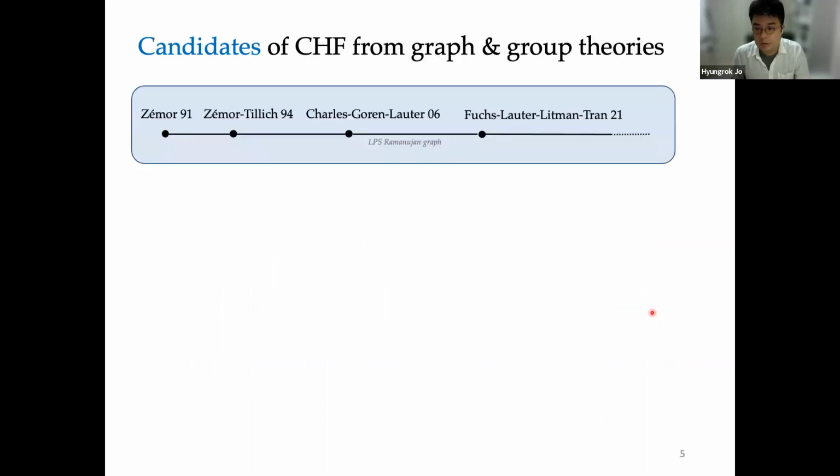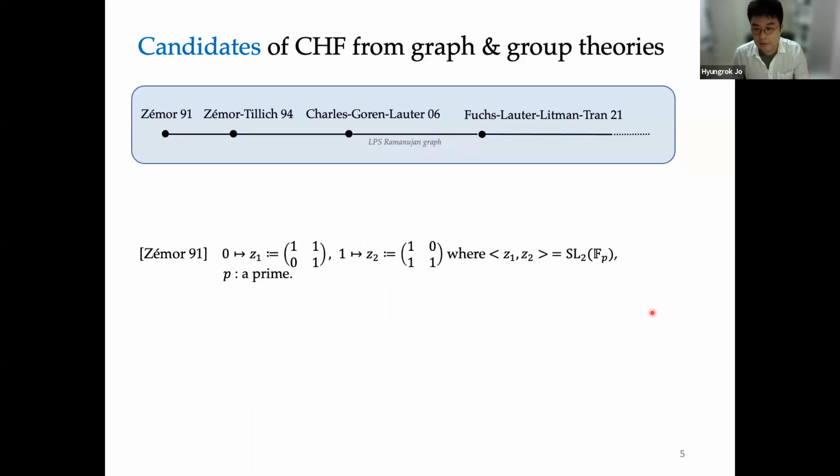There are many trials to construct a graph or group-based hash function. This is the timeline of those trials. The first suggestion is from Zémor in 1991. It hashes binary bits to 2 matrices G1 and G2 over a prime field. These 2 matrices freely generate the special linear group.